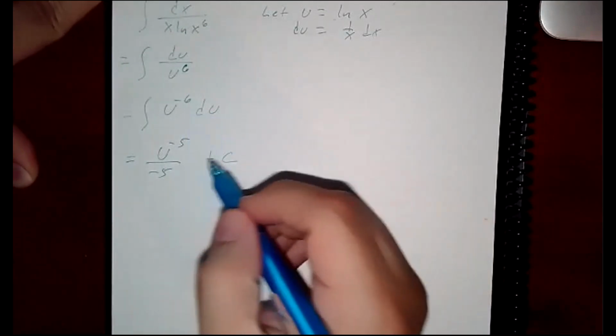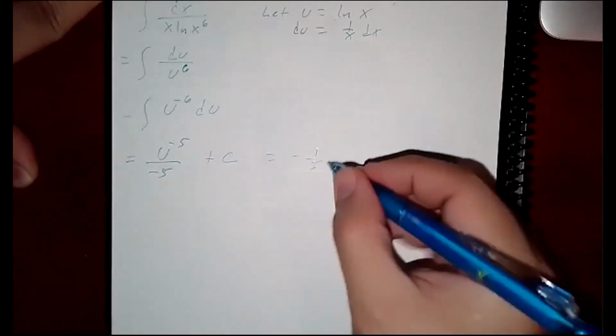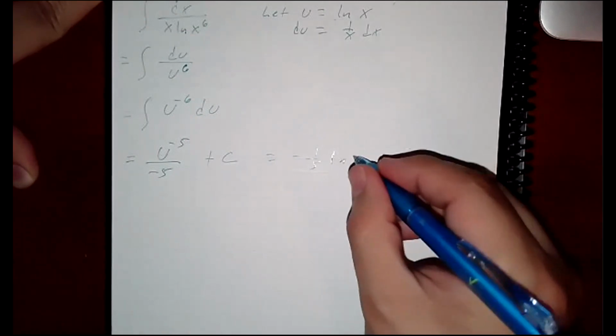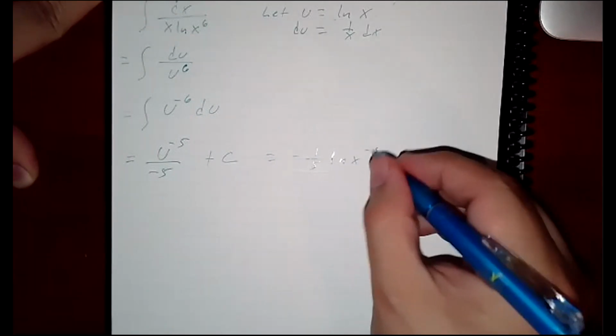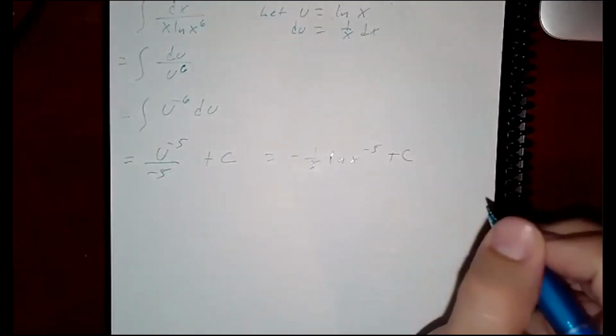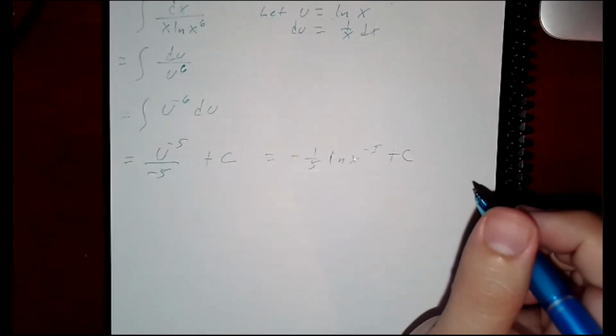Add 1, divided by the same thing, which would be -1/5 ln x to the -5 plus c. Yeah, just to match up with any of the answer choices.